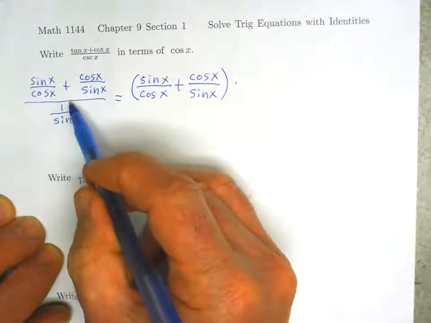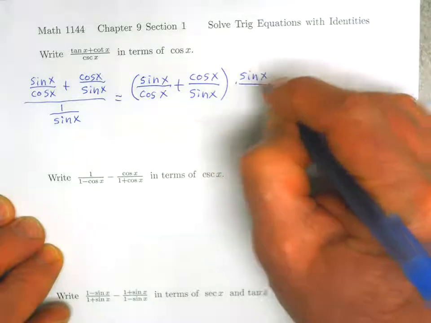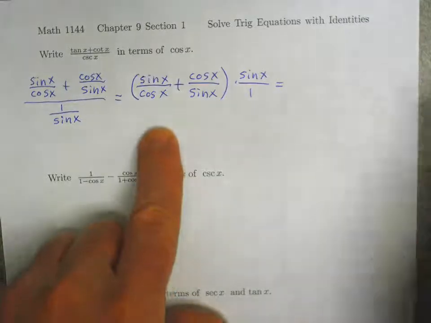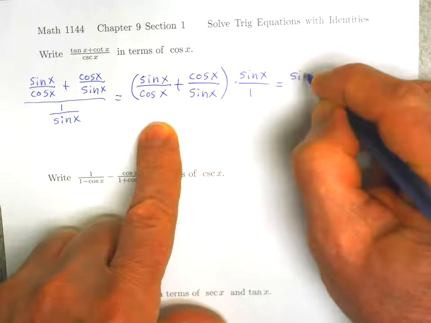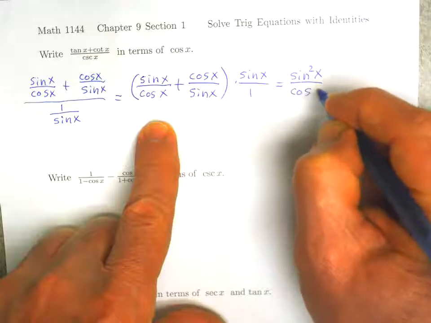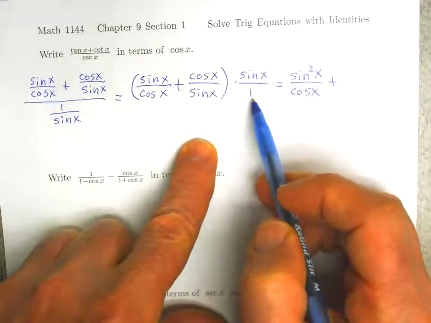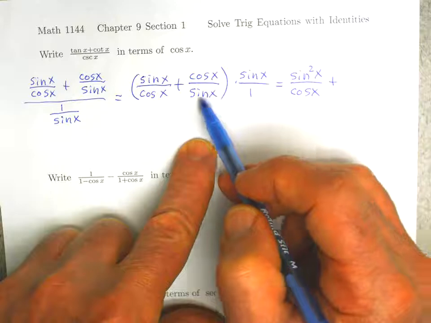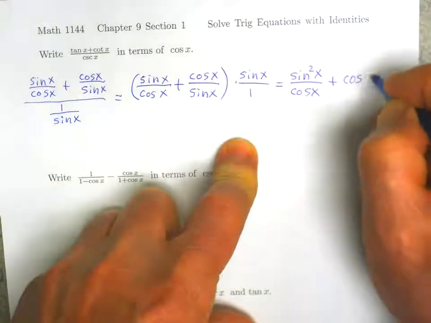And we multiply by the reciprocal of 1 over sine of x. So multiply by sine of x over 1. And when we distribute it, we get sine of x times sine of x, which is sine of x squared over cosine of x. And then when I multiply sine of x over 1 times cosine of x over sine of x, the sine of x factors cancel, so I just get plus cosine of x.